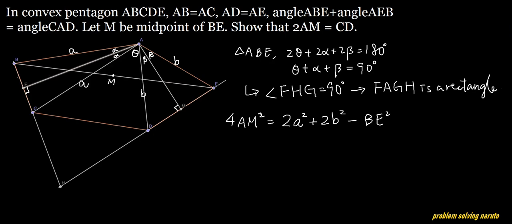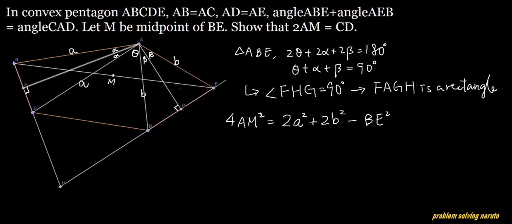So somehow if we can decompose these lengths, BE square is BH square plus HG square, and then hopefully we will get back to CD. That's the first route that I tried. It was quite complicated, and in the end I didn't really make it work. I spent about 10 minutes, and it didn't work.